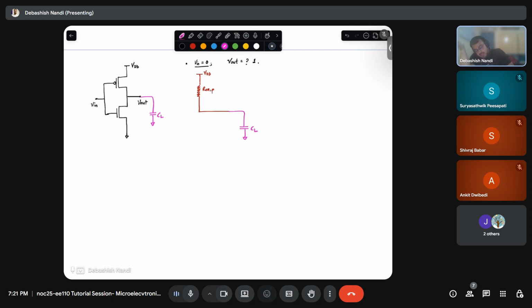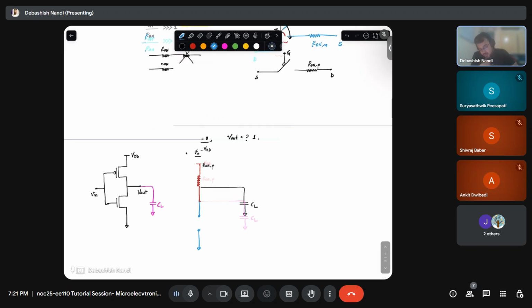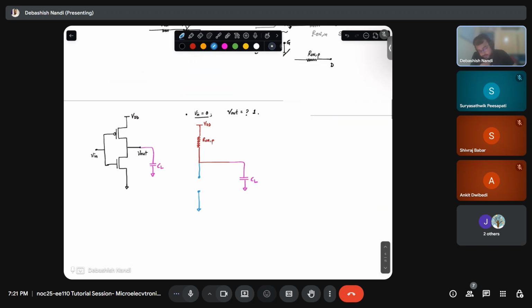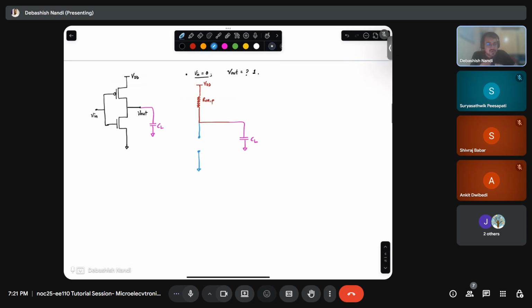And what about this bottom path? This will be open, right? Yes, sir. Because when it is 0, your NMOS is in off state. Fine. So now what will happen? So I see a charging path of the capacitor through this.